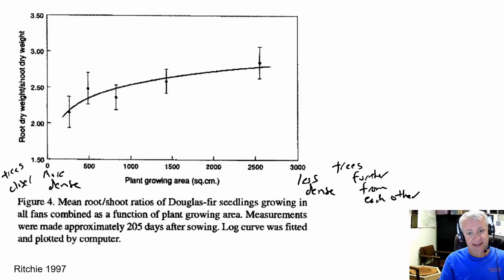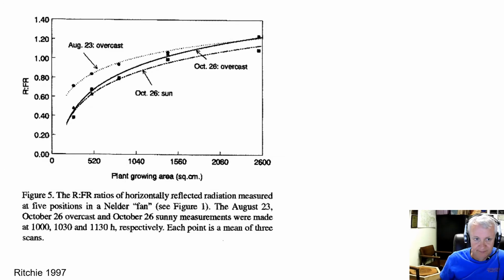So that's a proximal physiological explanation for why in that field trial, where they measured diameter and height, those trees growing closer together were on average larger. They were likely shifting their allocation towards above ground growth at the expense of root growth.